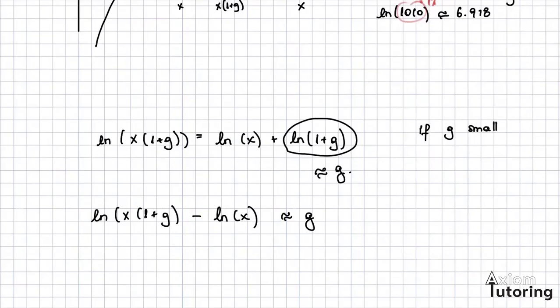So the g, keep in mind, is the percentage change in x. Okay, so when x increases by g%, which is why we wrote this as 1 plus g, ln x increases by approximately g%, or by approximately g.